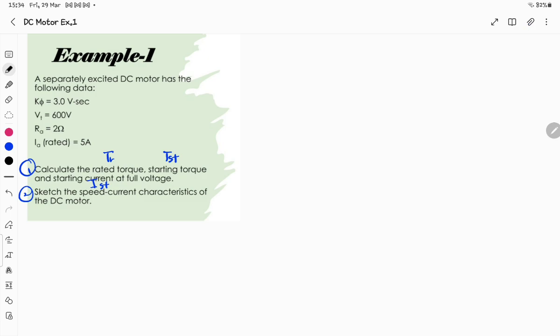If you know me from the previous subject, I usually prefer to start the solution with drawings or by sketching the equivalent circuit of the particular motor that is being asked.